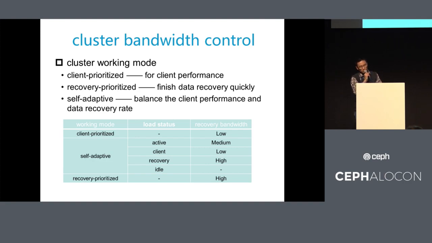And in the recovery prioritized mode, OSDs are set to higher level recovery bandwidth to complete data recovery as soon as possible. As for the self-adaptive mode, OSDs are set to a proper recovery bandwidth according to the load status. And in this mode, all the three levels may exist in different OSDs of the cluster.